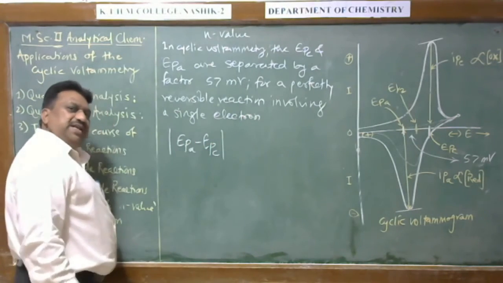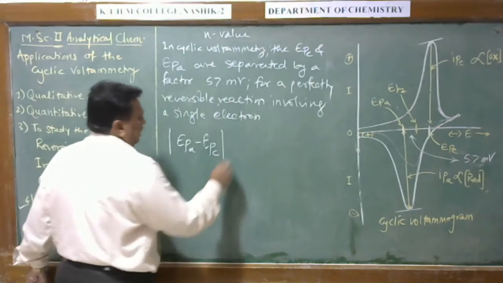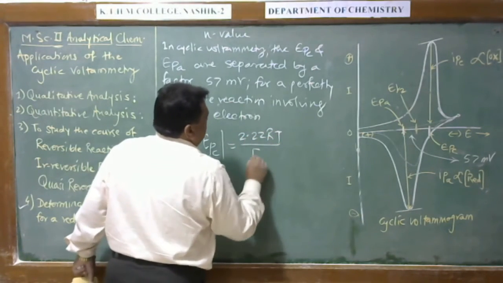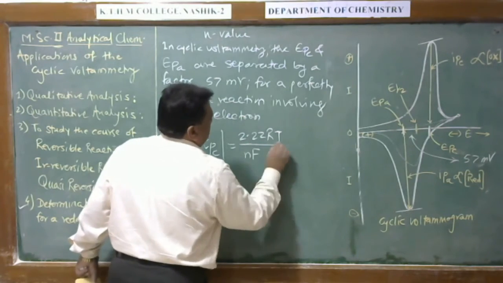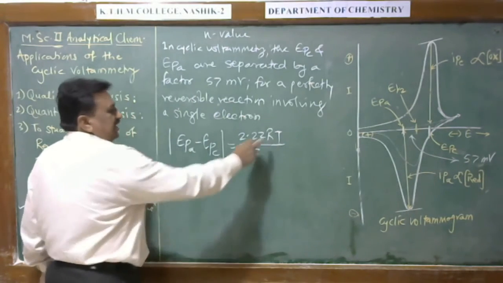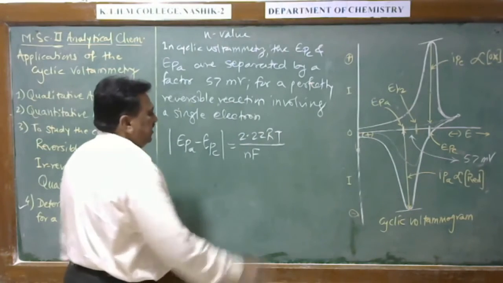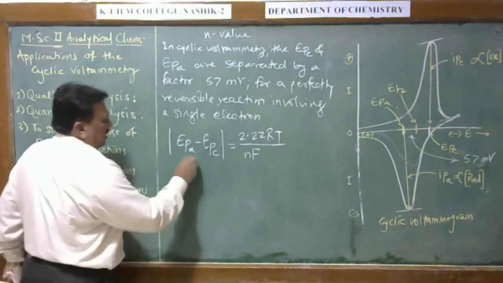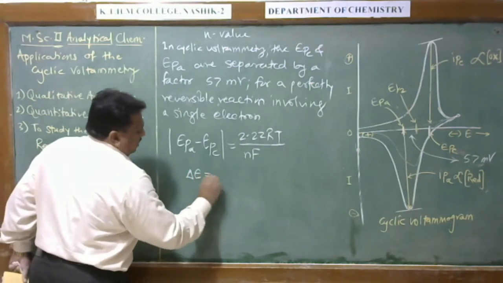The difference between anodic peak potential and cathodic peak potential is equal to 2.22 RT upon NF. Here R is the gas constant, T is absolute temperature, N is the number of electrons involved in the redox reaction, F is Faraday's constant. This is called delta EP.